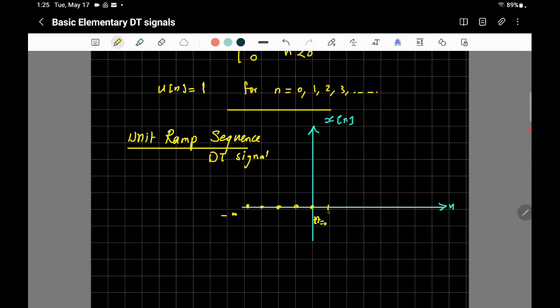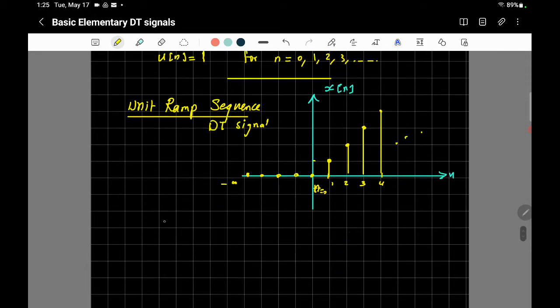When n is equal to 1, it will be equal to 1. So it will be like that. When n equals 2, it will be equal to 2. When n is equal to 3, it's equal to 3. When n is equal to 4, it is equal to 4. Just very similar to the continuous, and so on.